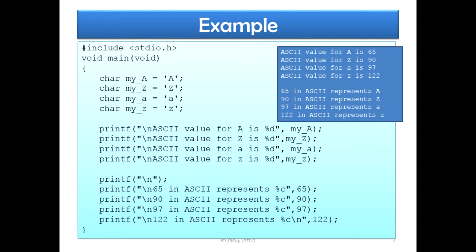When they do percent D, which is for integer, but then they call my_A, this is not an error. So what can you see? The ASCII value. It's integer, so they will take out the ASCII value. But if you keep the integer and you call the percent C placeholder, what is percent C for?